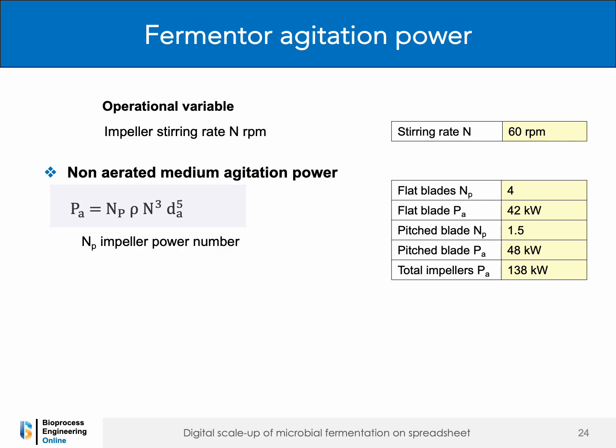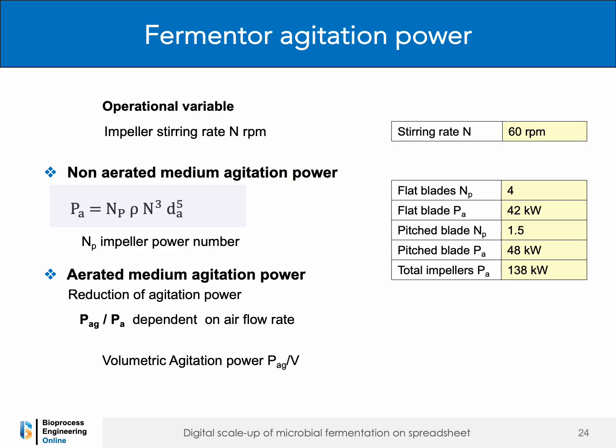For example, at a stirring rate of 60 revolutions per minute, the flat blade Rushton turbine, NP equals 4, requires about 42 kilowatts. Each pitched blade impeller, NP equals 1.5, requires about 48 kilowatts, giving a total agitation power of approximately 138 kilowatts for the 3 impellers.